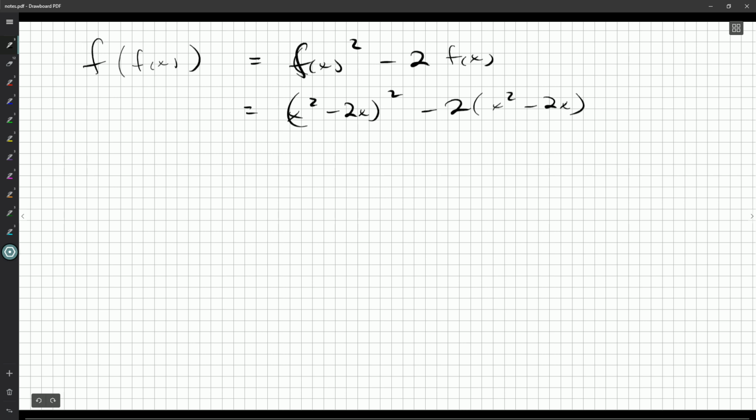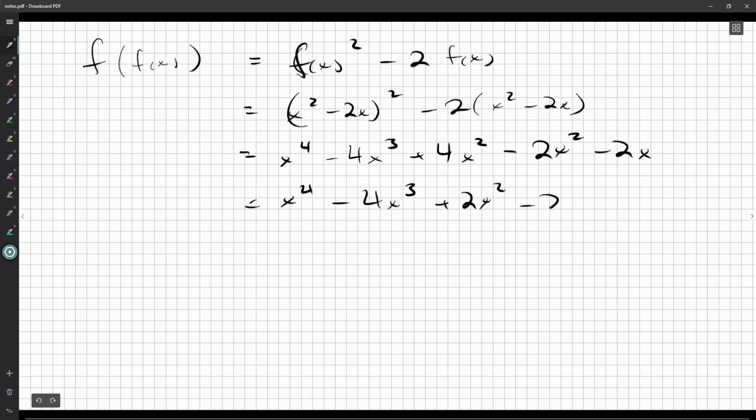Okay. You can do this. I don't recommend it. I'm going to work it out just so you can see it in case you did try this, just to check your skills. 4x cubed plus 4x squared minus 2x squared minus 2x. x to the 4 minus 4x cubed plus 2x squared minus 2x.